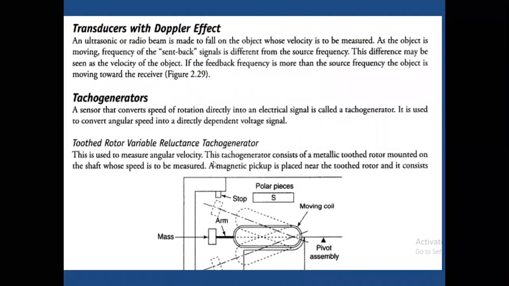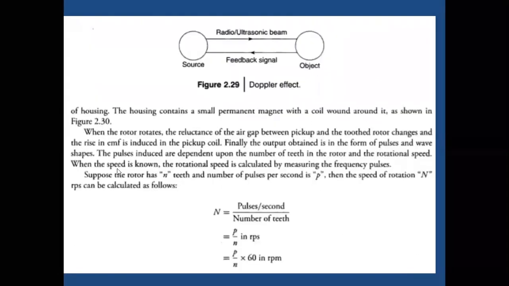This tacho generator is used to measure angular velocity. It consists of a metallic toothed rotor mounted on the shaft whose speed is to be measured. The magnetic pickup is placed near the toothed rotor and consists of a housing. This is a similar description to what I have said.